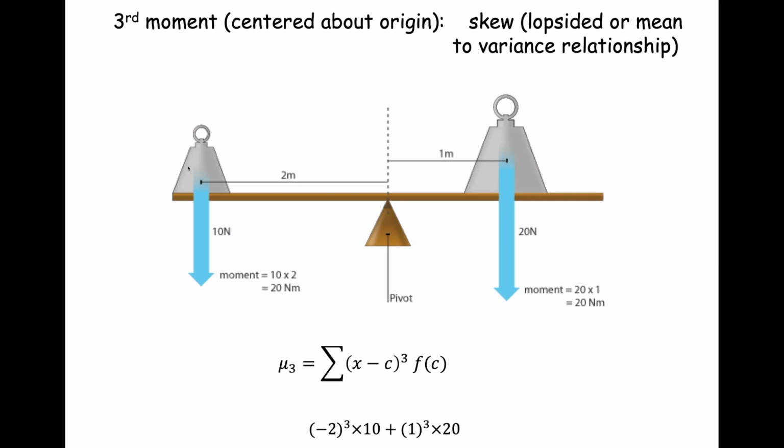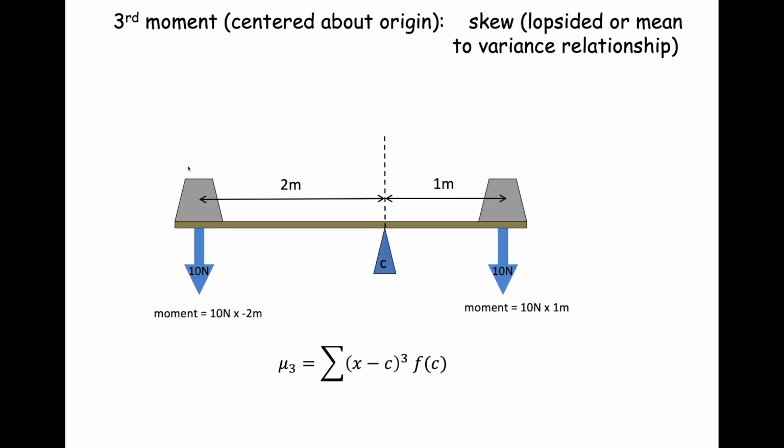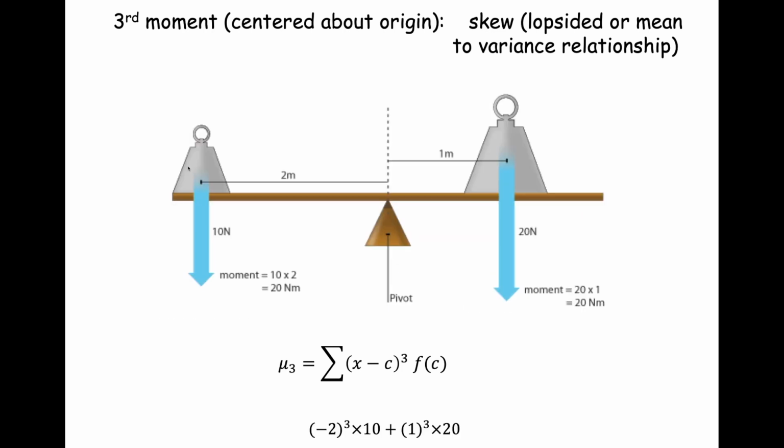We cube that, minus the center, it's called the center origin, cubed times 10, all right? And then we have 1 cubed times 20. So if we add them up, -8 times 10, that's -80, plus 1 times 20, that's 20, so it's going to be -60, right? So in terms of skew, this is more lopsided on the left-hand side, the negative side, which is exactly correct.